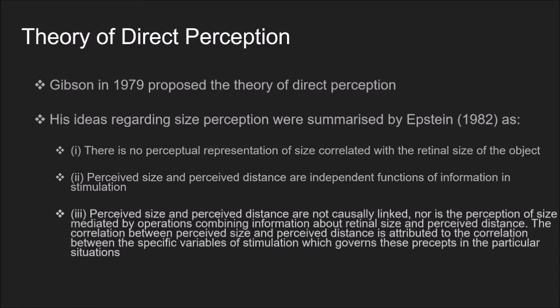And lastly, perceived size and perceived distance are not causally linked, nor is the perception of size mediated by operations combining information about retinal size and perceived distance. The correlation between perceived size and perceived distance is attributed to the correlation between specific variables of stimulation which governs these percepts in the particular situation.